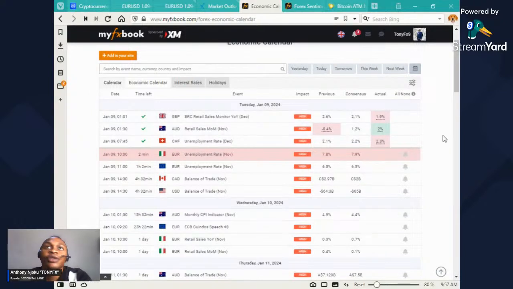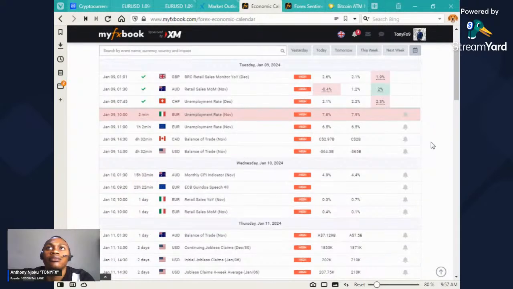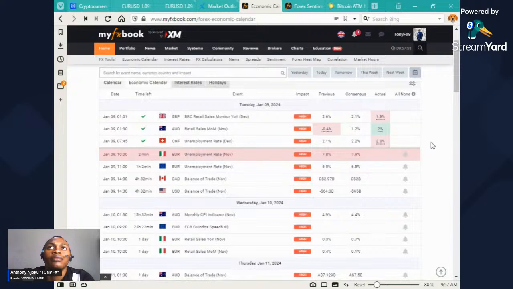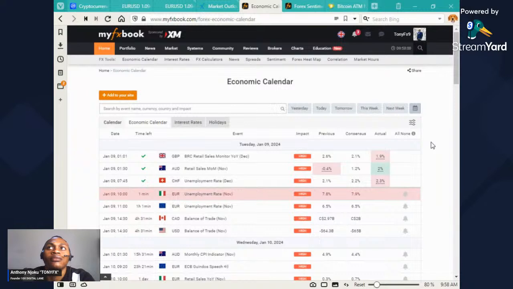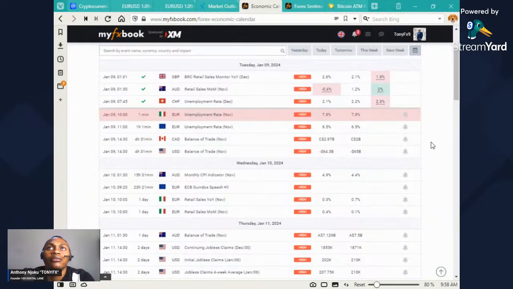The market is back to our entry for Euro USD, the previous entry. So a minute to go.